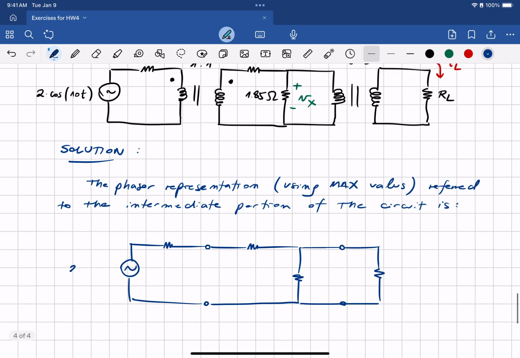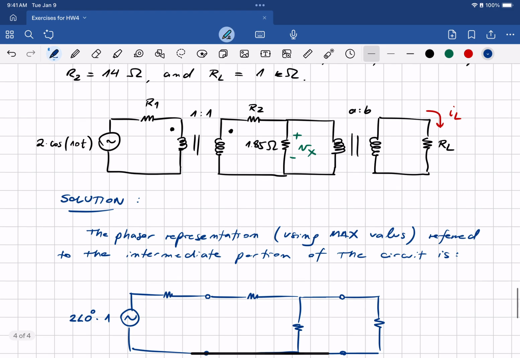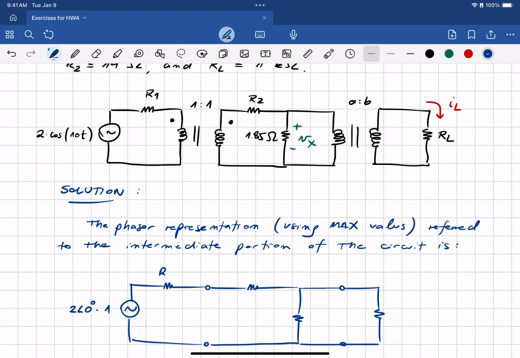So this is going to be 2 angle 0. Again, I'm not dividing by the square root of 2. That's okay. You have to be just consistent. Times 1 in this case. A is 1, right? So R1 times 1.